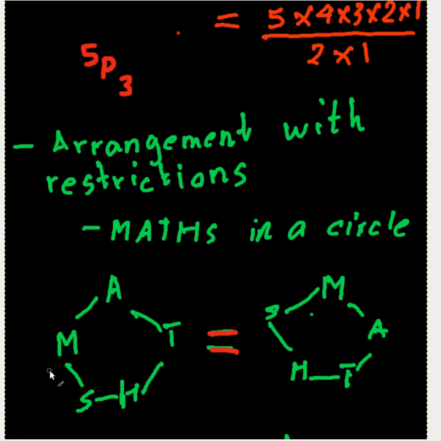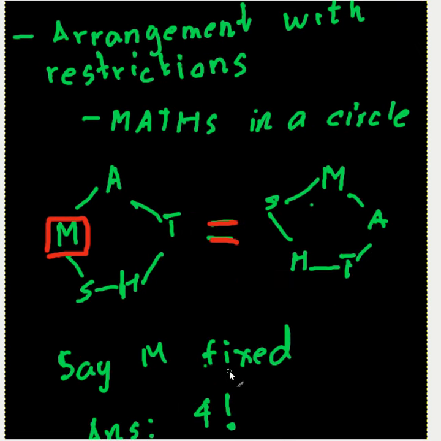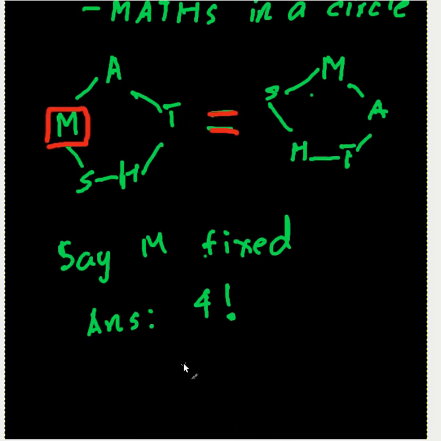So what you do is, I'm going to keep one fixed position, and then I'm going to change the rest of them. So say M is fixed. If I can change the rest of them any way I want to, the answer is going to be 4 factorial, because there are four letters, and I can arrange them any way I want to.